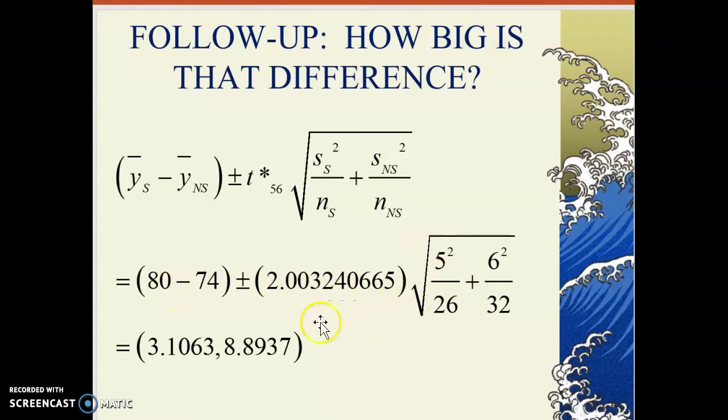So if you crank out all these values, you get that the difference between the smoker and the non-smoker group will be between 3.1 beats per minute and 8.9 beats per minute. And because we did smokers minus non-smokers, this would be smoker pulse rates larger than non-smoker pulse rates.